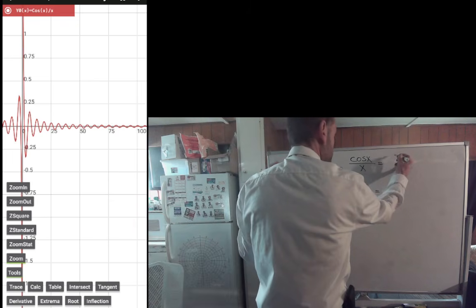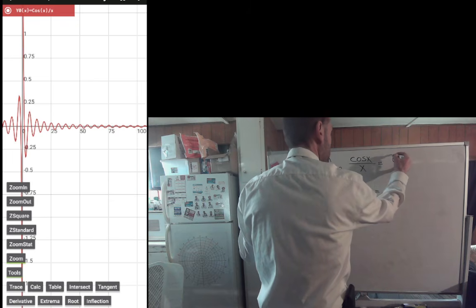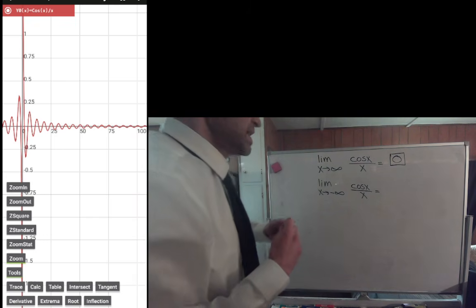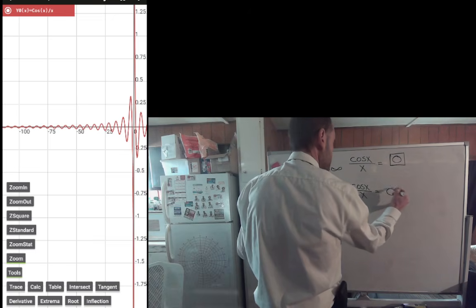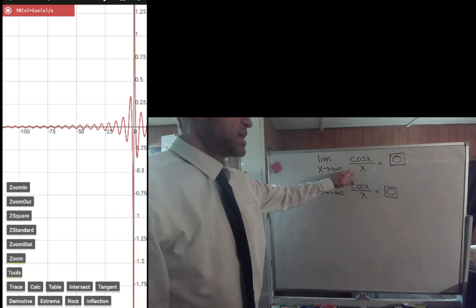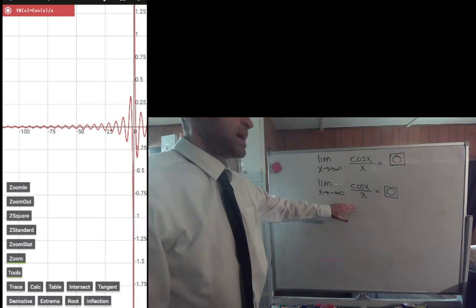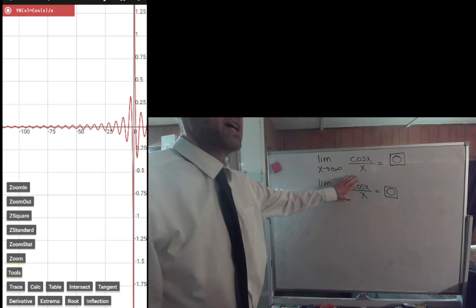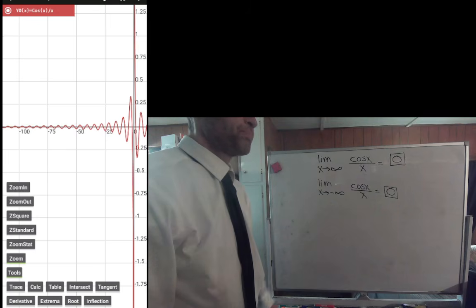So the limit as x approaches infinity of the cosine of x divided by x is going to be 0. And now let's deal with the left branch. And you guessed it, the same holds true as x approaches negative infinity. The limit is going to go to 0. The sine of x divided by x and cosine of x divided by x are actually very surprisingly common functions.